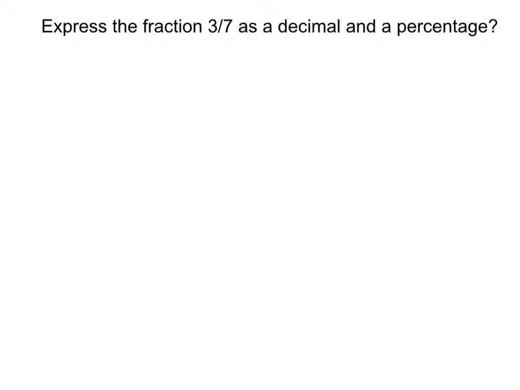So let's try this question. It says, express the fraction 3 over 7 as a decimal and a percentage. If we do that, we'll find that 3 over 7 as a fraction is 3 divided by 7.